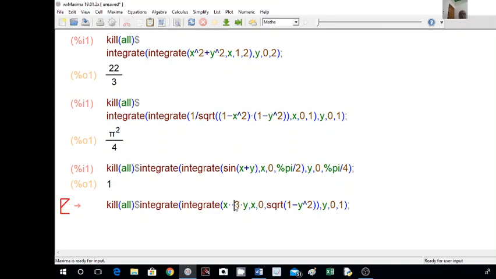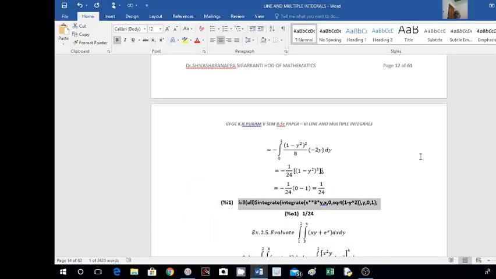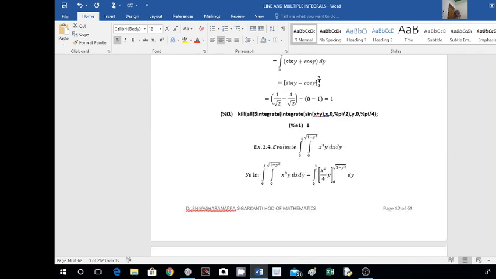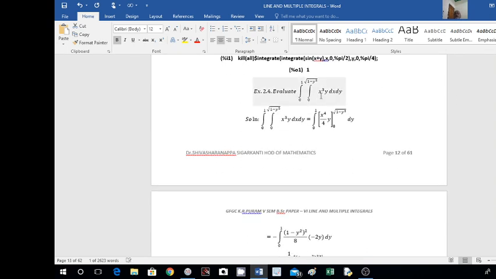This is actually star. Star looks like a dot here. x cube. What is the function here? x cube y, no? x cube y dx dy.